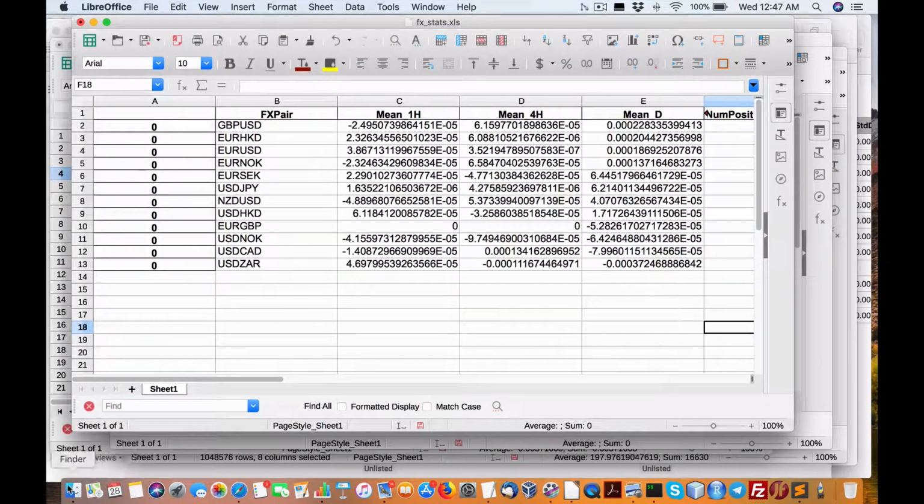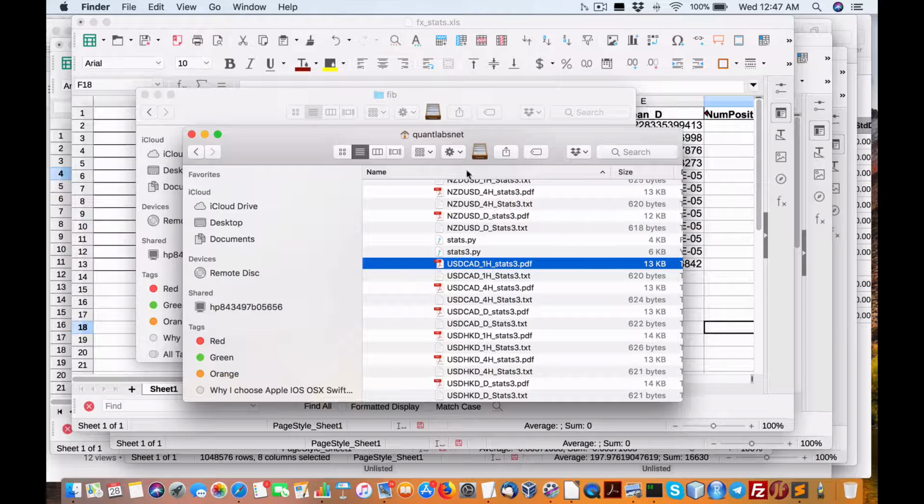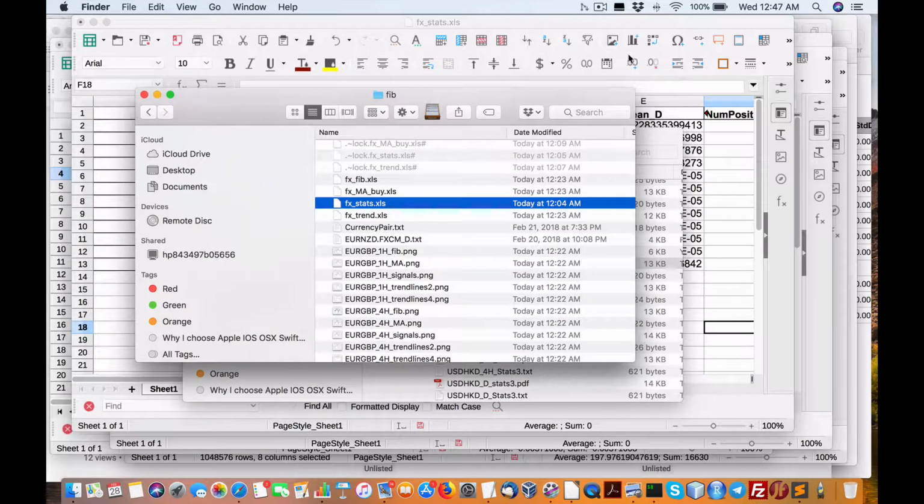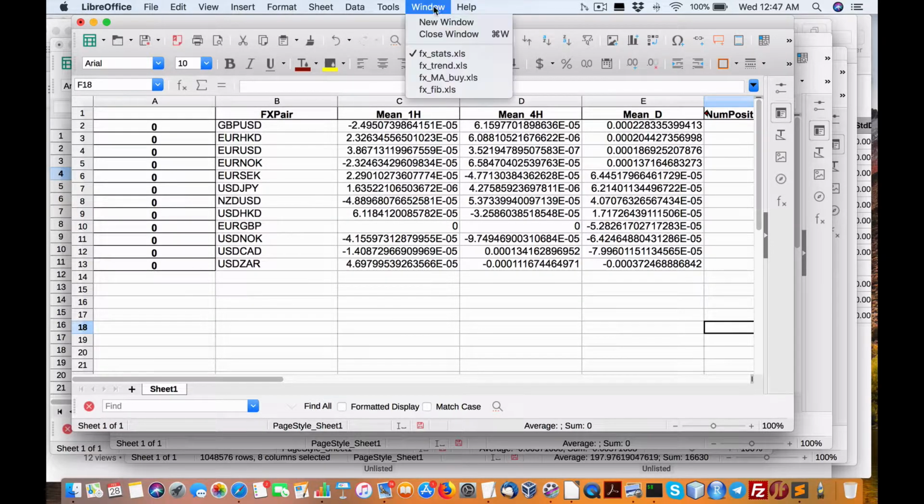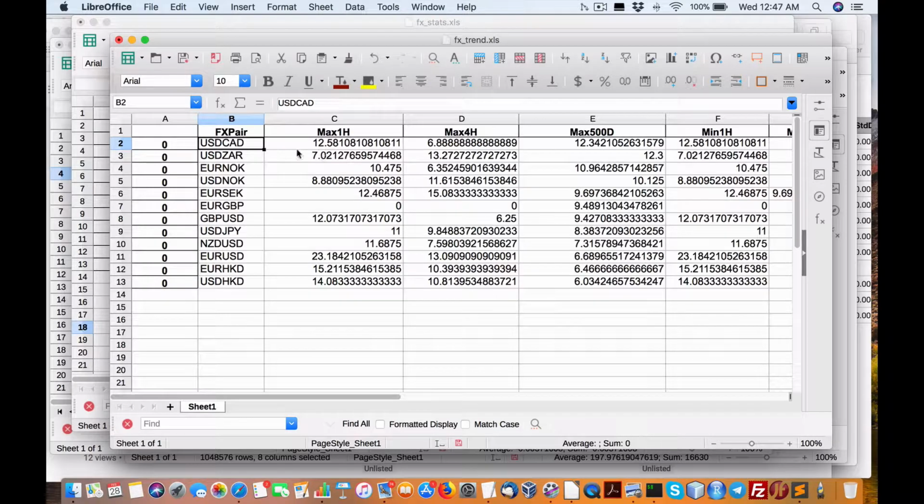Okay, so let's just assume that we are thinking, let's pull up my trend here. So we've confirmed, let's say we just think that the US Canadian has the strongest trend long term with the highest gradient. We also have the USD Euro Norwegian, and the USD Norwegian.